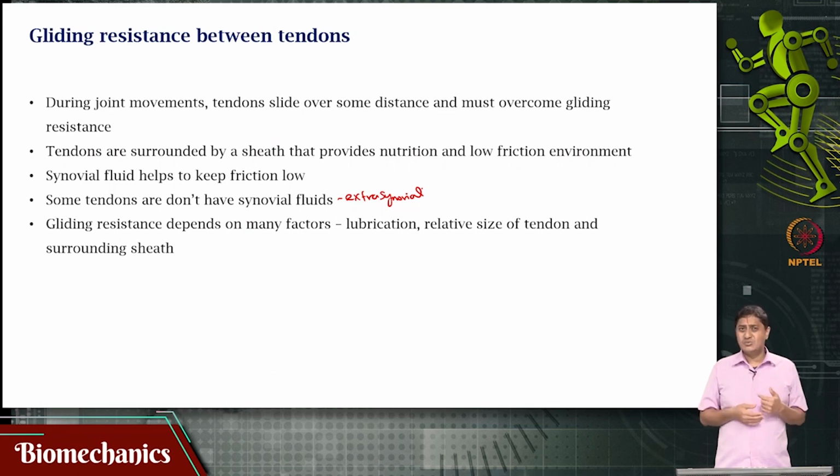Of course, you would expect that this kind of friction will not have a contact area dependence, but that is not actually true. The relative size of the tendon and the surrounding sheath plays a role, and the amount and quality of lubrication plays a role. So, gliding resistance depends on lubrication, relative size of the tendon and the surrounding sheath and such factors.